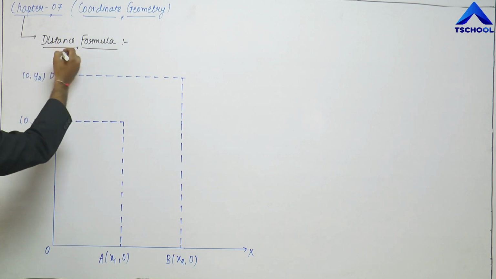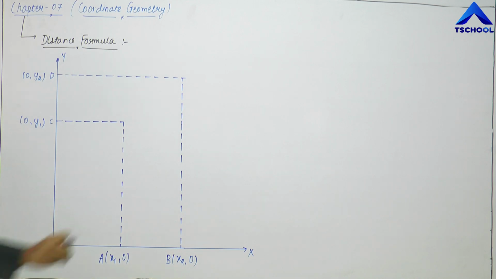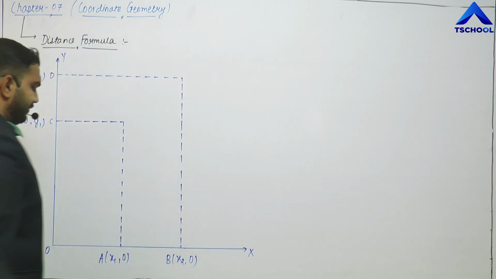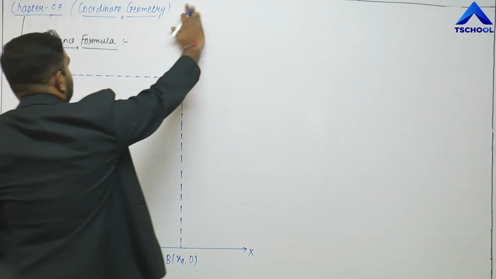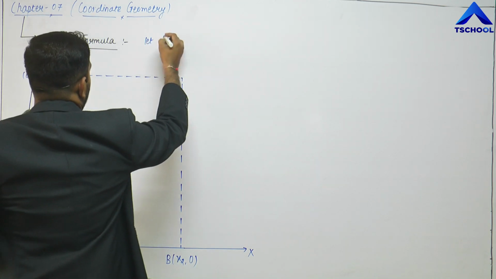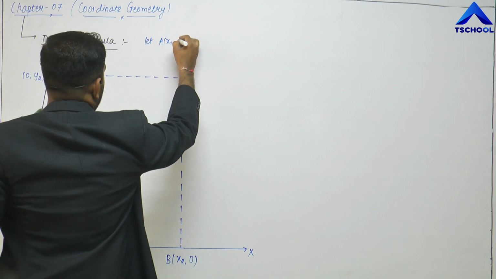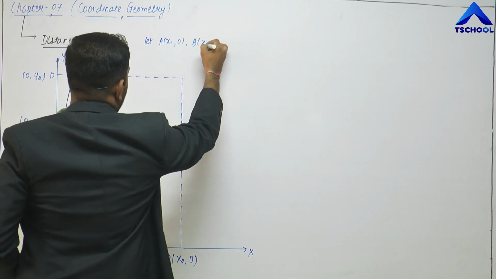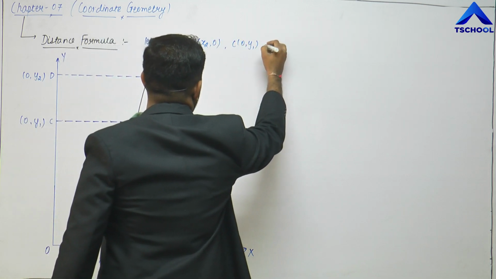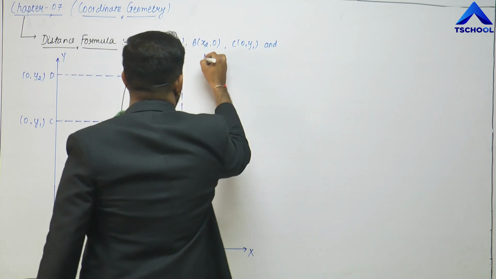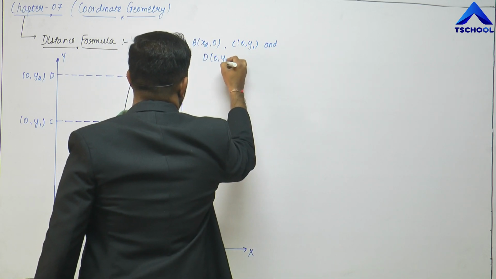As we have studied in standard number 9, any point on the x-axis will have its y coordinate 0, and any point on the y-axis will have its x coordinate 0. So friends, here for the distance formula, let A be (x1, 0), B (x2, 0), C (0, y1) and D (0, y2).